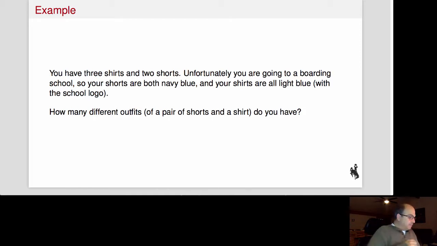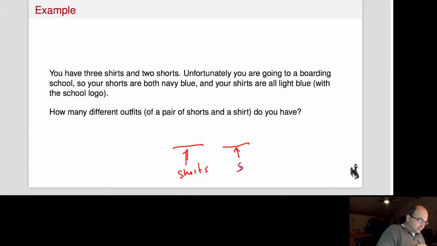Okay. So how many outfits do I have? Well, I'll do the same analysis, right? So this is where the shorts go. And then I have shirts. Okay. So how many ways can I pick one of the shorts? And the answer is there's only one way, right? Because I could pick this one or that one, but they're identical, right? So there's only one choice to make.